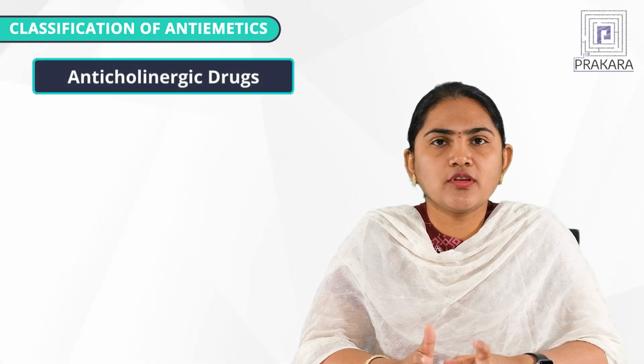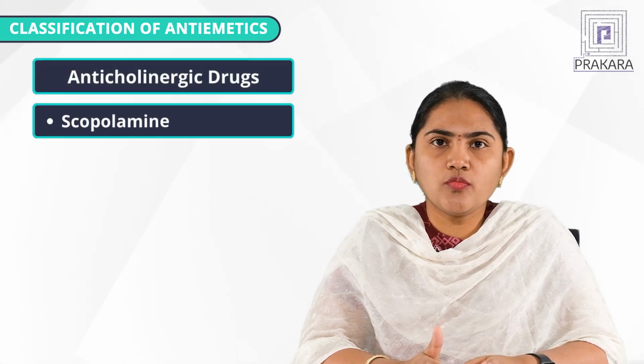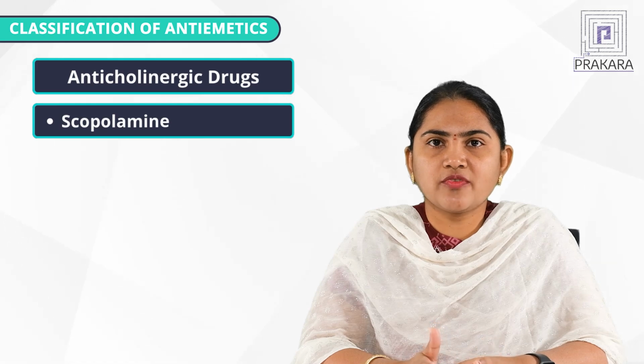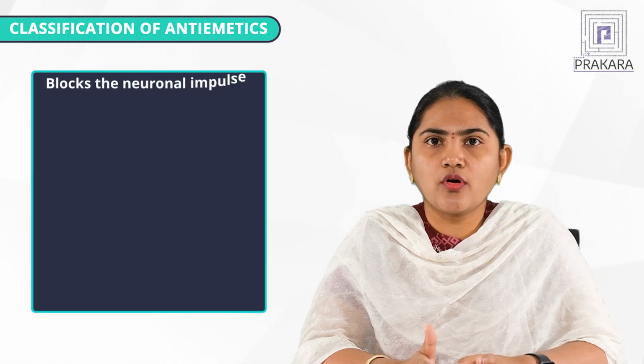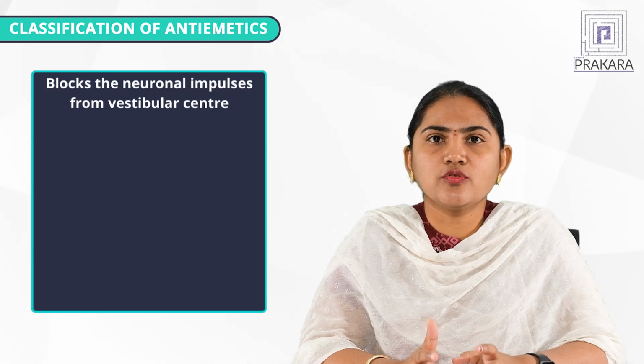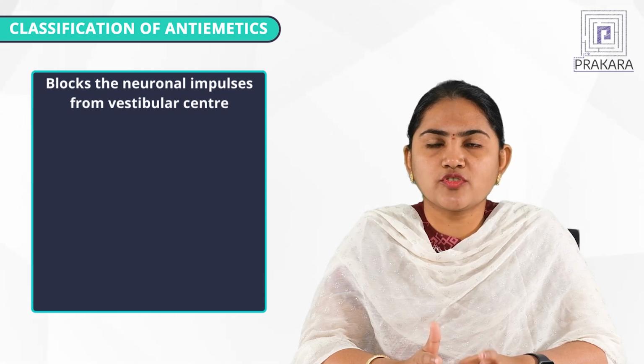Now let us understand first about the anticholinergic drugs which are used as antiemetics. When we say anticholinergic drugs, the major drug that is used is scopolamine. Let us understand its mechanism of action. These scopolamine derivatives will try to block the neuronal impulses coming from the vestibular center present in the ear.